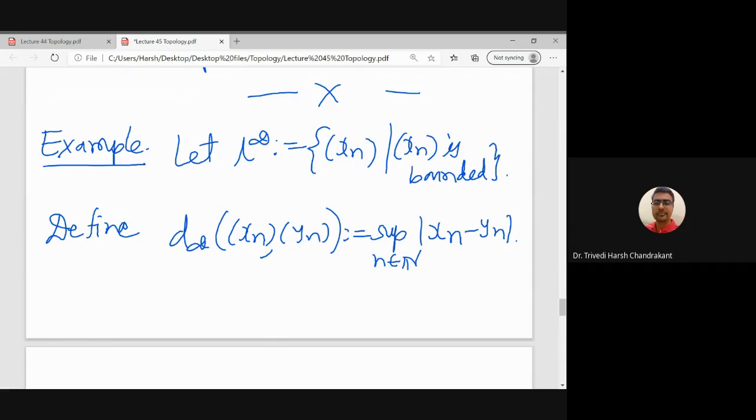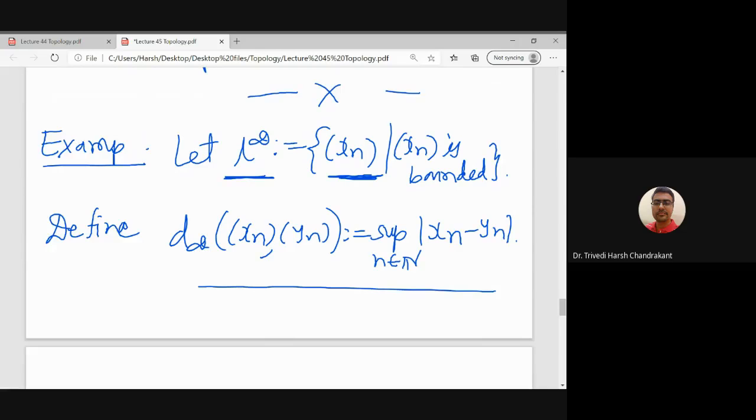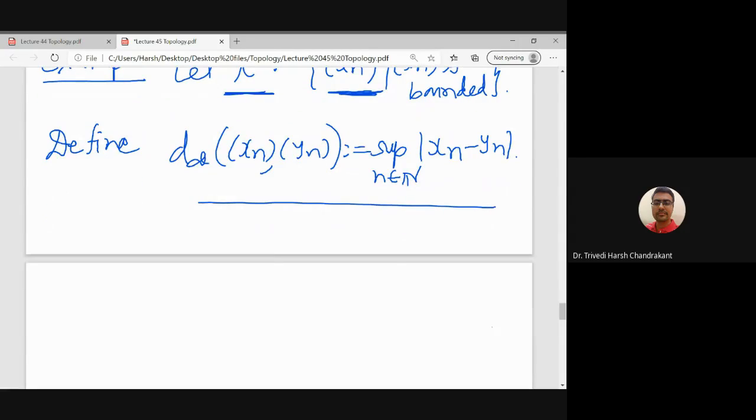So basically you can consider this set as, what are the elements? If we take R2, there are two elements x1, x2, but here there are infinitely many elements, x1, x2, x3 and so on, up to xn, up to infinity. So there are infinitely many terms because it is a sequence. On that infinite set of coordinates, we are defining this metric d infinity, and you may have seen that this metric satisfies the triangle inequality, and therefore it is a metric. So this defines a metric on L infinity.